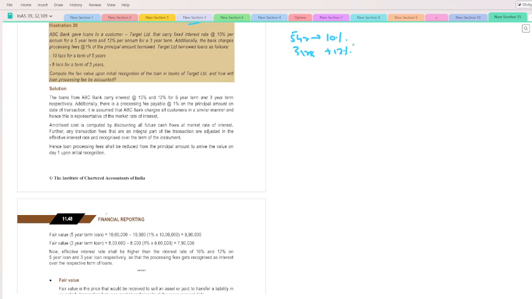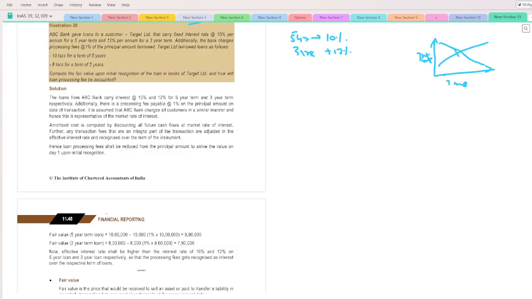If you see this interest rate curve, it is upward moving. If this is the interest rate on the y-axis and here is the time period, then with a larger horizon, sorry, it's not upward movement, it is downward movement.